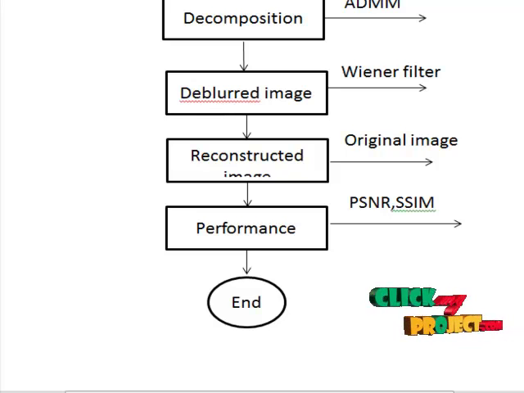Then we plot the graph for the relationship between threshold and improvement of the PSNR, which means peak signal to noise ratio, and SSIM, which means structural similarity index. And moreover, this method is more effective and the performance is better for this process.